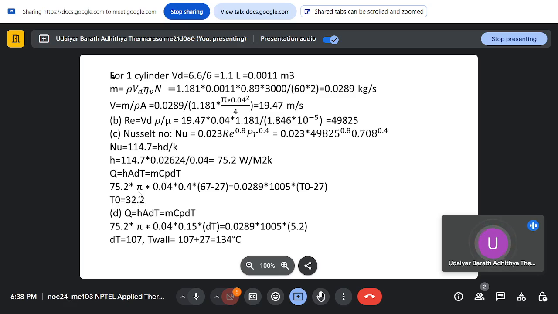So this is an approximate value of how to calculate T0, because the air value will also change here. Next, Q is HA dt, so equals mCp dt. So 75.2 into pi, similarly, instead of 40 centimeter it is 0.15 centimeter.